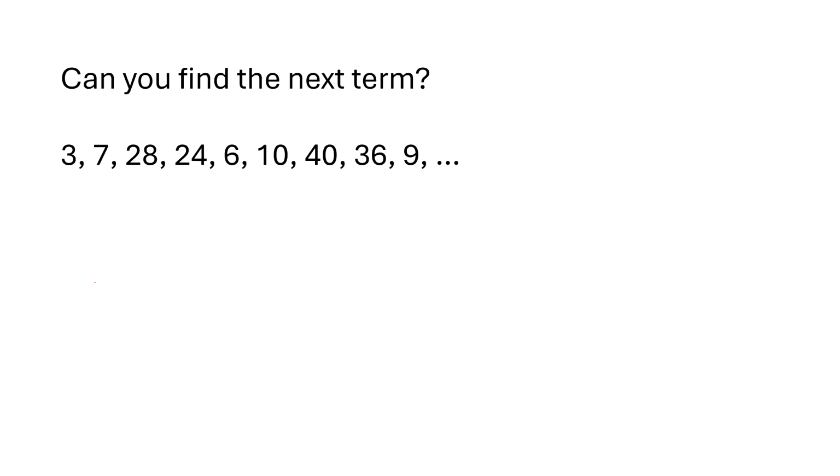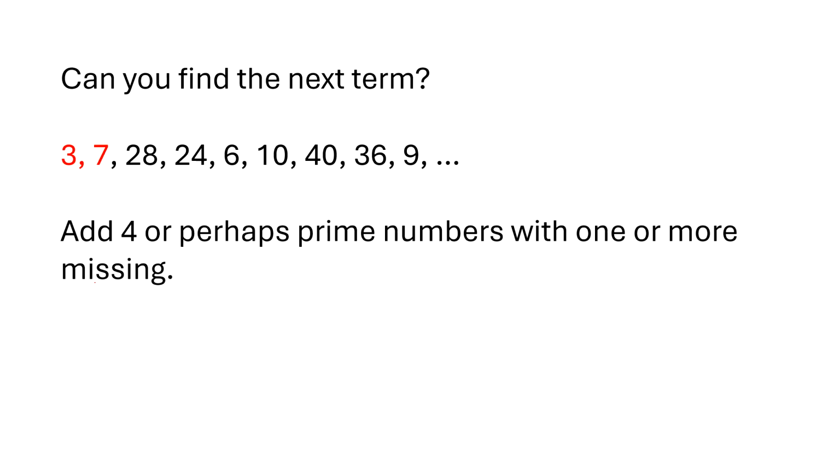I see two prime numbers, but only two. So if we look at the first two numbers, we've got two choices here. We can add 4, or perhaps something with prime numbers, like every second prime number, 3 and 7.